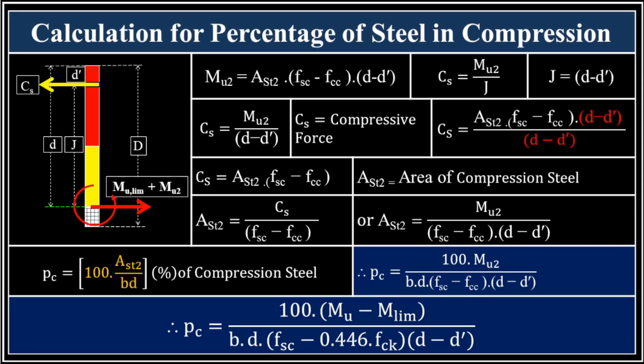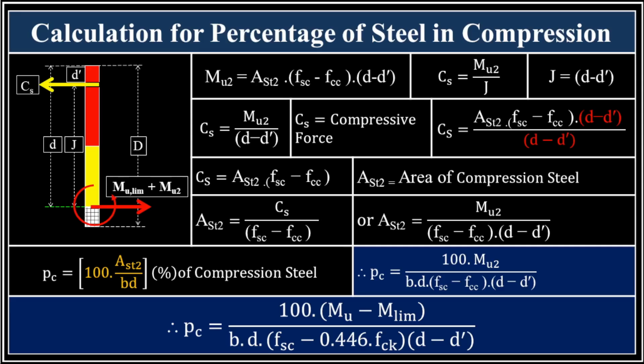Alternatively, CS can be directly calculated as CS equals AST2 multiplied by FSC minus FCC. Here, CS stands for the compressive force in the compression steel. From these, we can derive the area of compression steel, AST2.